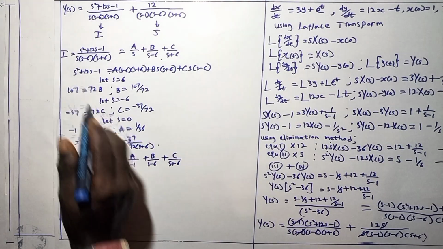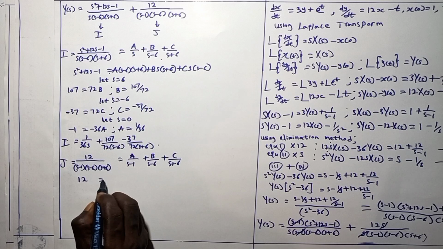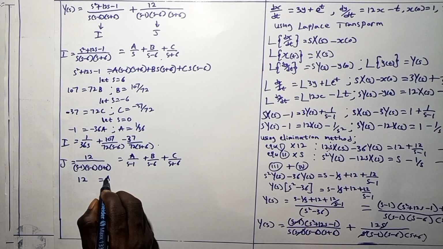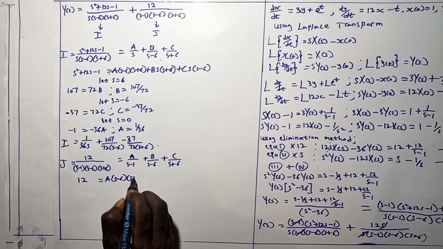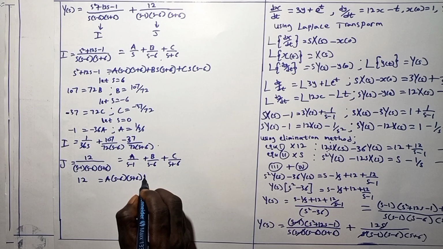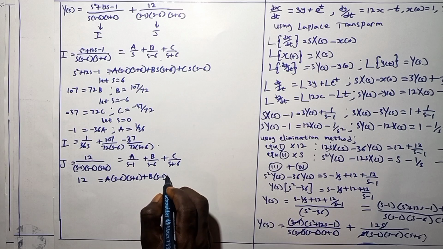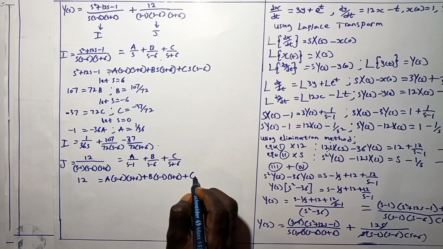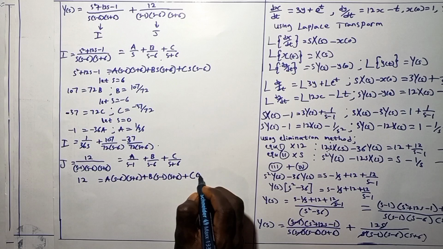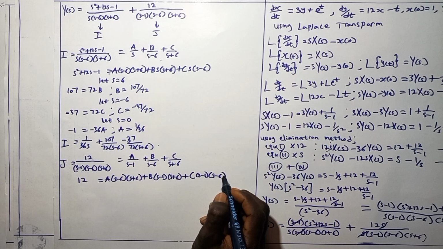We're going to apply the same thing we did here. So here will be 12. Here will be (s minus 6)(s plus 6), B will be (s minus 1)(s plus 6), then C will be (s minus 1)(s minus 6).